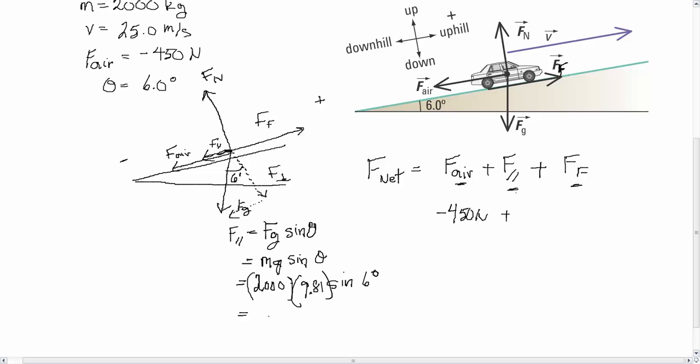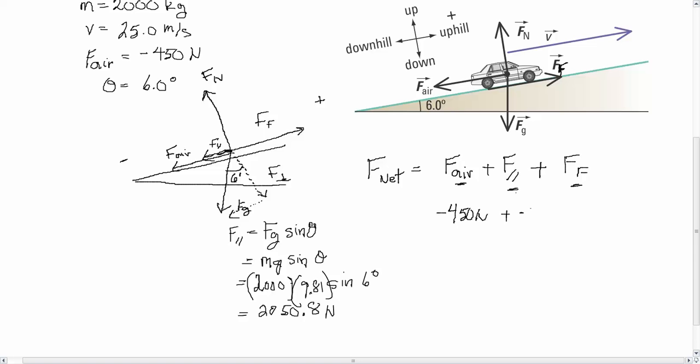Multiplying all of that together, and let me just pull out my calculator, that gives us 2,050.8 newtons. And remember, this is negative because it's acting down the plane.